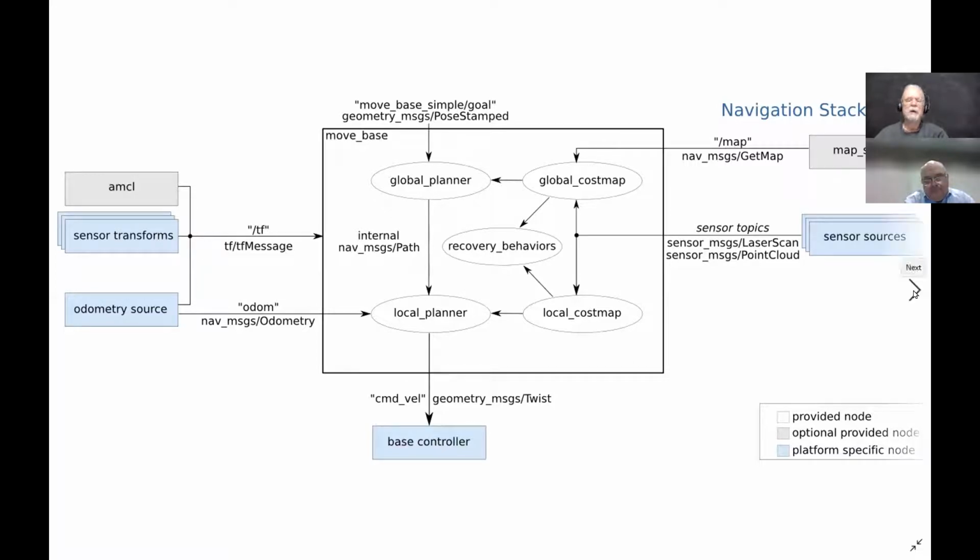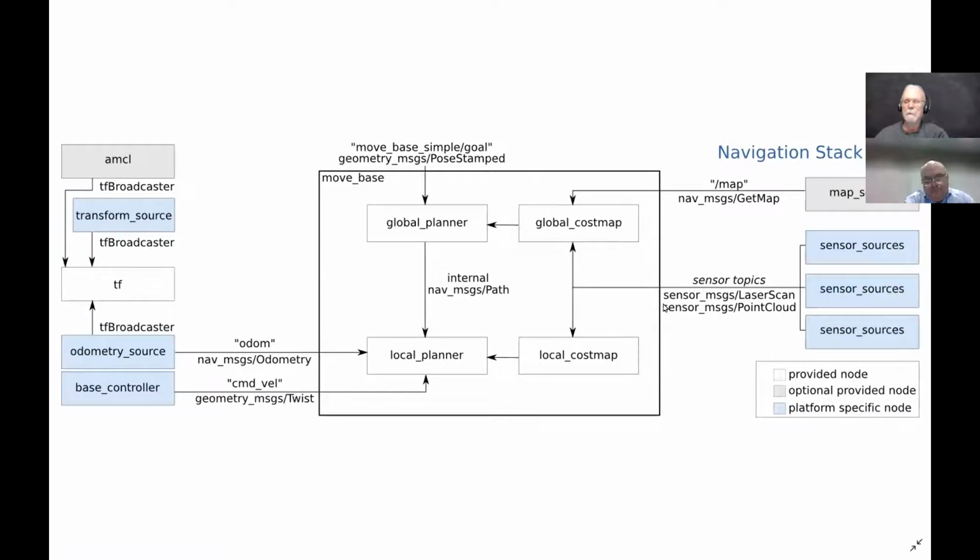So then somebody made a modern version of that. And they basically fixed the stuff on the left that I was complaining about. And so AMCL, it looks like, is actually just updating the transform to tell you where you are. And this transform source, I think, is if you've defined static transforms between, say, one between base link and base footprint, and one between base link and GPS and base link and IMU and so forth.